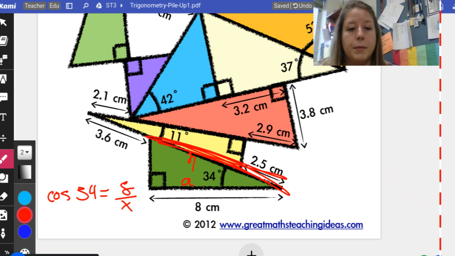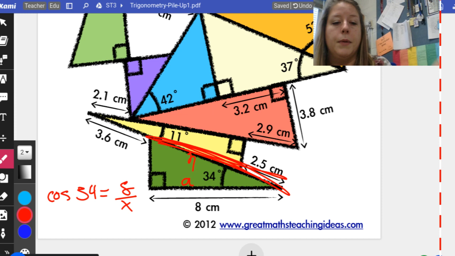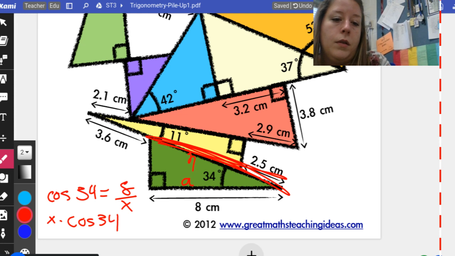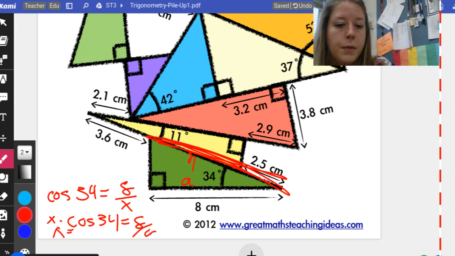So I'm going to multiply both sides by x and then divide both sides by cosine 34. And if you need to, you can press that plus button down at the bottom and add another page. So I get x equals 8 divided by cosine 34.